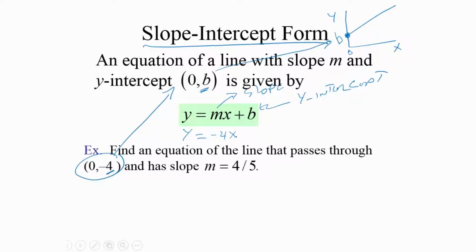I'm sorry, m is not minus 4. m is 4/5. So it would be 4/5 x minus 4. So that's the equation of a line in the form of intercept, which is minus 4, and the slope, which is 4/5.